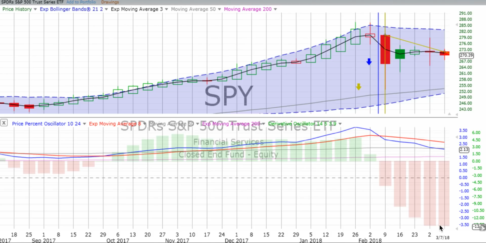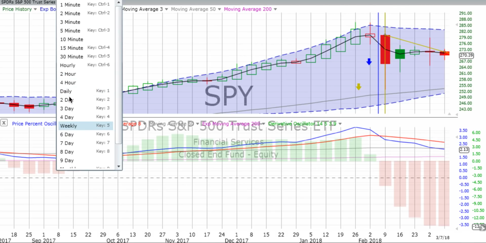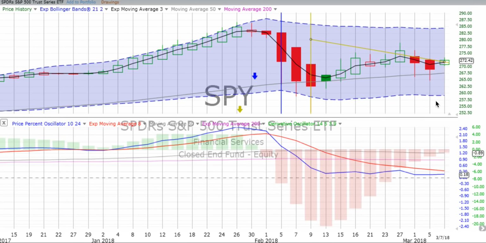Now again, these are Heikin-Ashi average pace candlesticks. Derivative oscillator continuing to gain downward momentum. Price percent oscillator is headed down. That is what we see on our weekly chart. As we go to the 2-day chart, we see that the latest 2-day candle just finished drawing on the 7th. Actually, it appears that the price percent oscillator tends to be sliding sideways, looks like it's probably moving up a little bit.